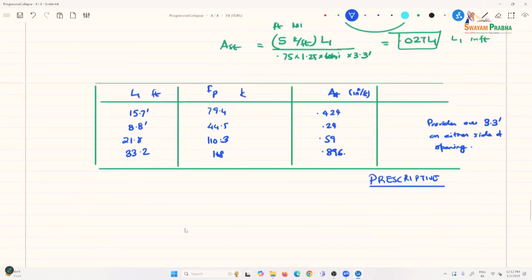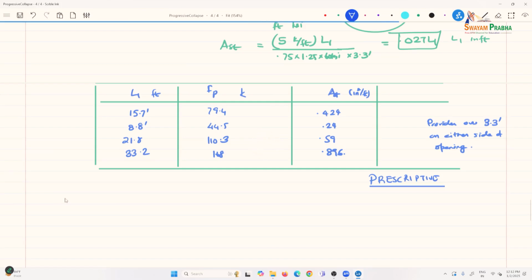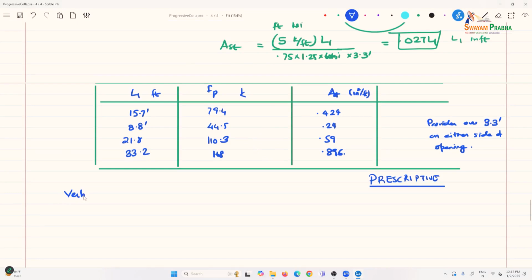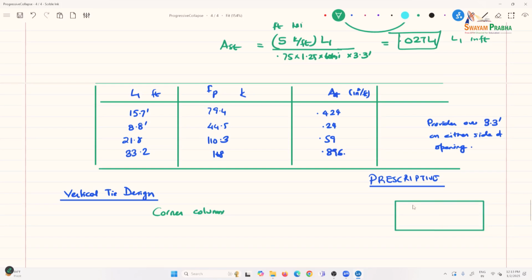The last one is vertical tie design. For the corner columns, you have different tributary areas. The corner columns will have only a quarter on either side.